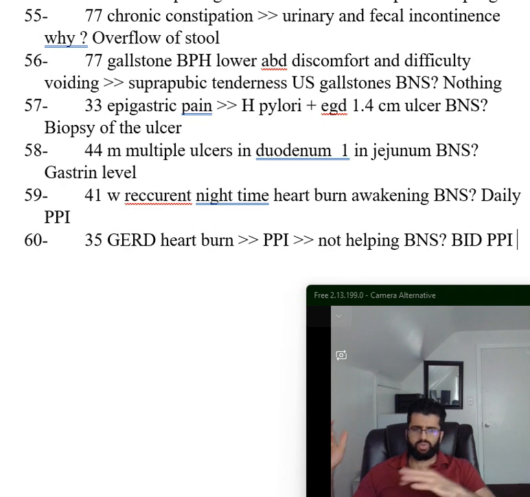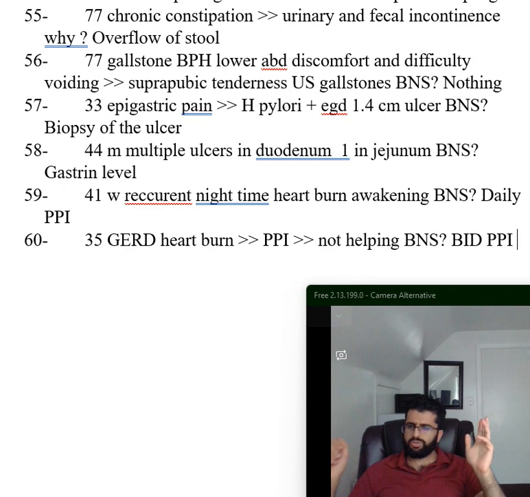Any of that, you just do endoscopy. But if you rule out the risk factors, like younger than 50, no family history of cancer, not a smoker, female, no iron deficiency anemia, no blood in the stool, labs look okay.